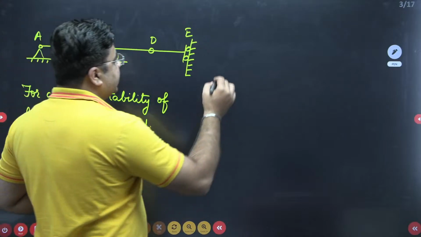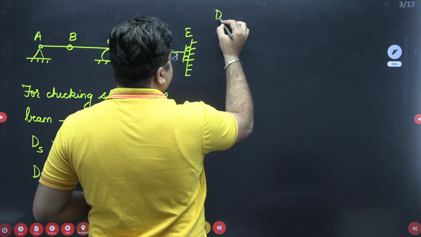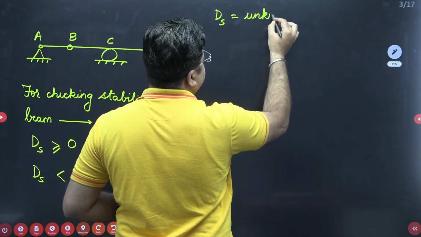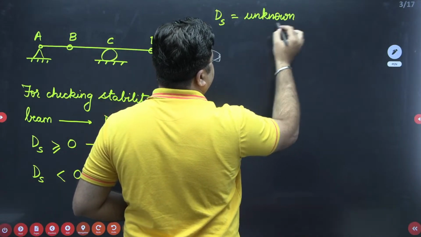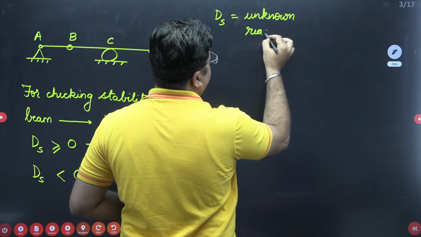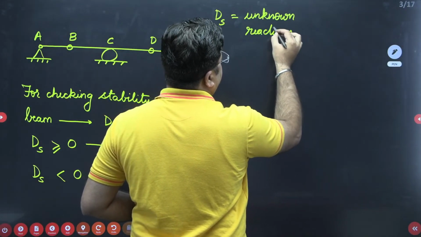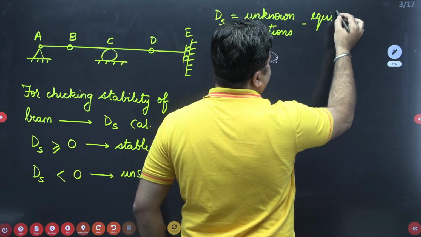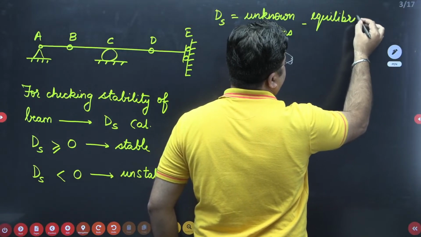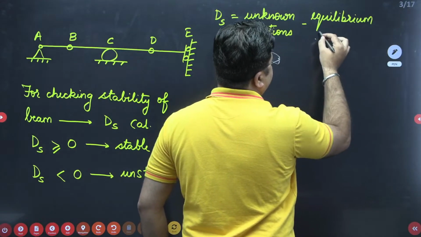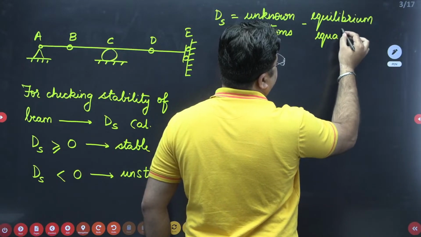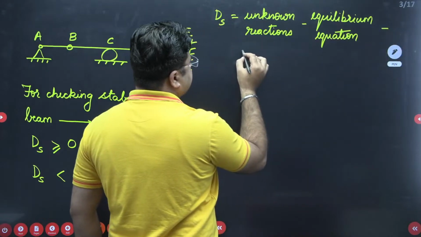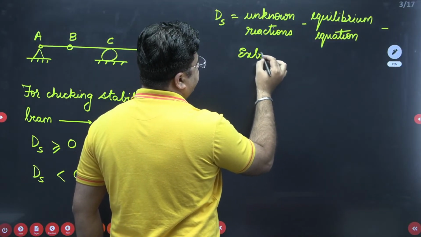So the degree of static indeterminacy for the beam, DS, is equal to the number of unknown reactions minus equilibrium equations minus extra equations due to hybrid joint.